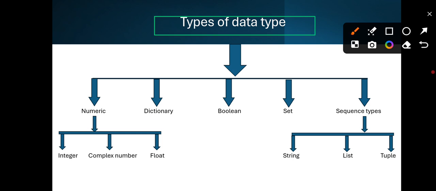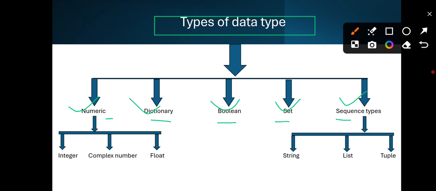The next one is the types of data types. There are 5 types of data types in Python: numeric, dictionary, boolean, set, and sequence type. The first is numeric.